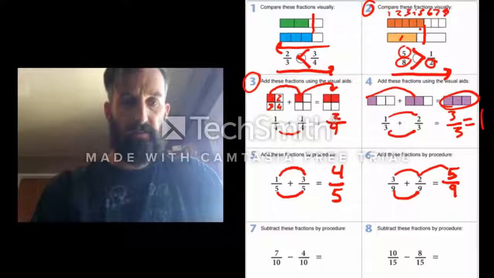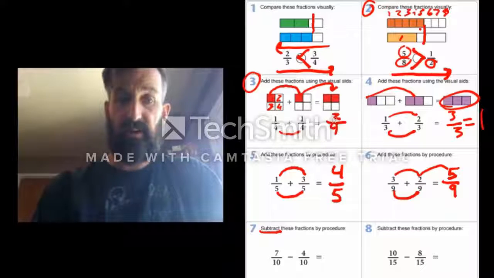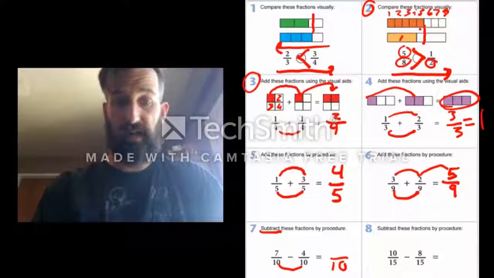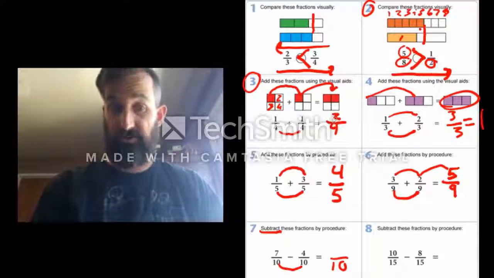And right here it says, always good to read the directions, subtract these fractions by procedure. So if I subtract these fractions, I don't subtract the denominators, they stay the same. Because remember, all I care about is the numerator when adding or subtracting. I can't do it if the denominators are not the same, but in this case they are.